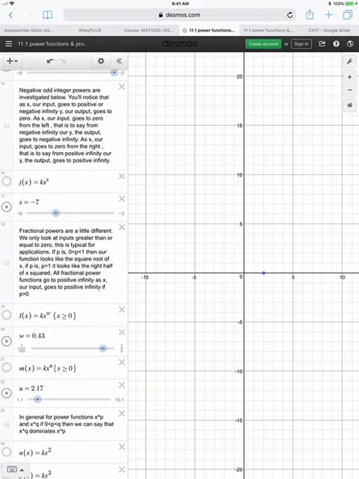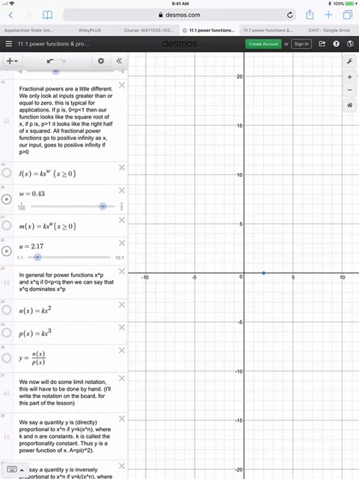Fractional powers. There's a little section here on fractional powers. Again, you can just turn on the graph, and directly below it is where you can click and play with the slider tool. This is a power function where the power is a fraction in between 0 and 1. So it has that sort of half of the parabola that got put sideways over in quadrant 1.